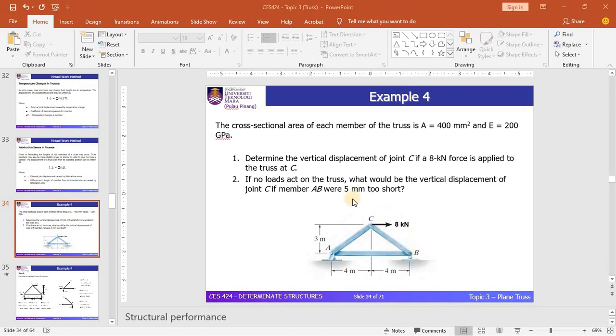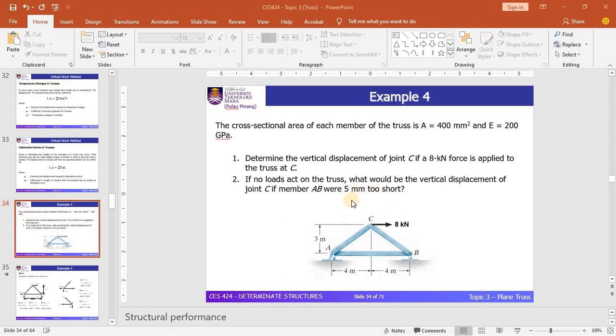In this example, we need to determine the vertical displacement of joint C due to the applied force, which is an 8 kilonewton lateral load. There are 2 cases. First, you need to find the vertical displacement at joint C due to the applied load. Another case is that we need to calculate the displacement of joint C due to the fabrication error.